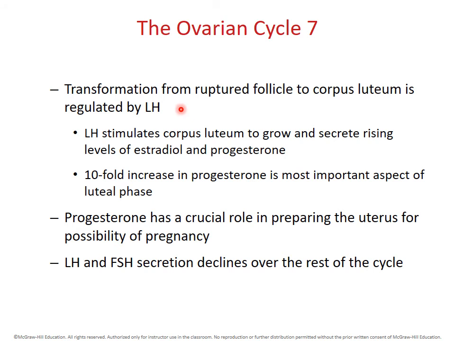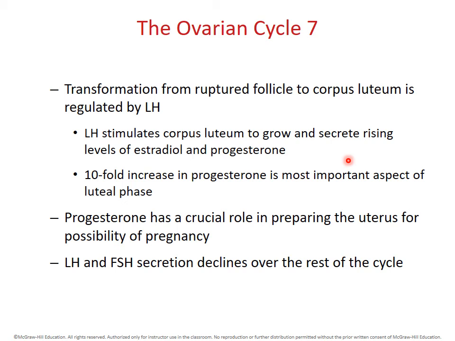Again, this transformation into the corpus luteum is stimulated by luteinizing hormone. So that spike of LH that occurred to promote ovulation also stimulates conversion to the corpus luteum. And of course, this is where the name luteinizing hormone comes from, because it stimulates conversion to the corpus luteum. So that's the luteinizing part.